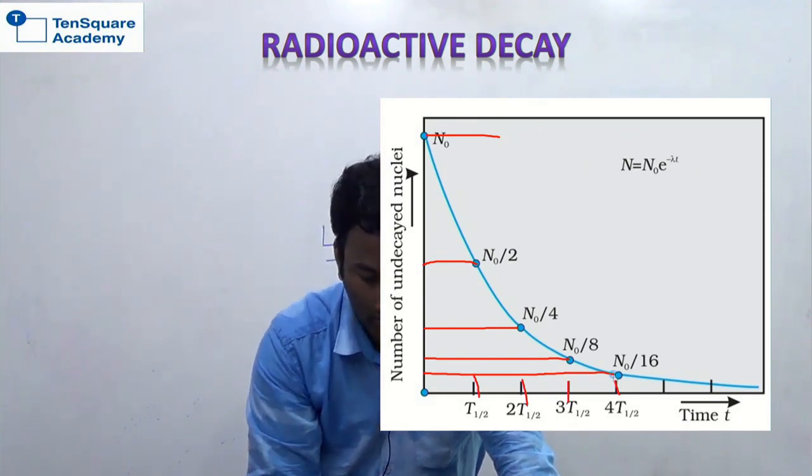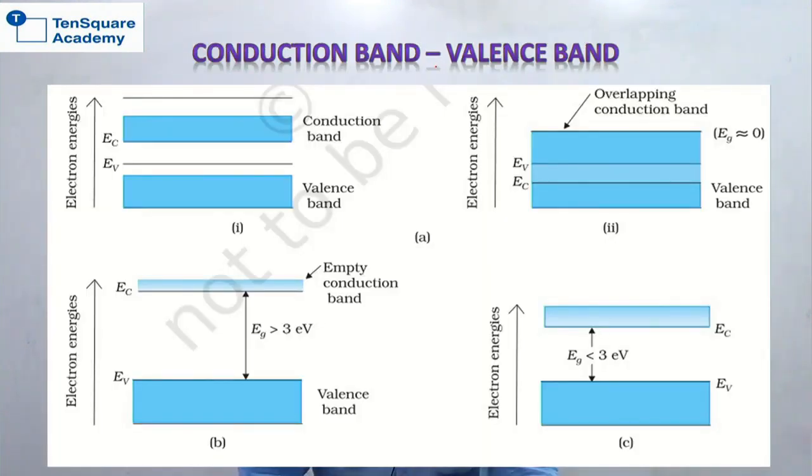This is also an important graph. This is again not a graph, but this is very important. In this, we are seeing how the conduction band and valence band behave for conductors, insulators and semiconductors. In conductors, the conduction band will have some electrons and the valence band will have some electrons. This is one type.